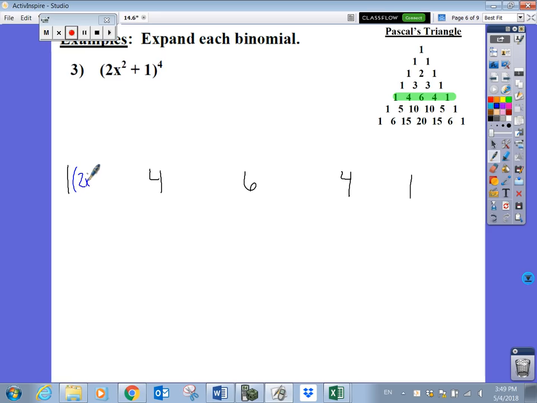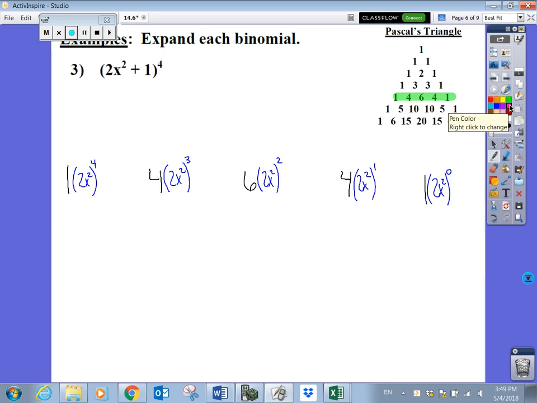So (2x squared) to the 4th. Important to put that in parentheses. (2x squared), go down 1: (2x squared) squared, (2x squared) to the 1st, let's move this over, we had a 1, and then (2x squared) to the 0.